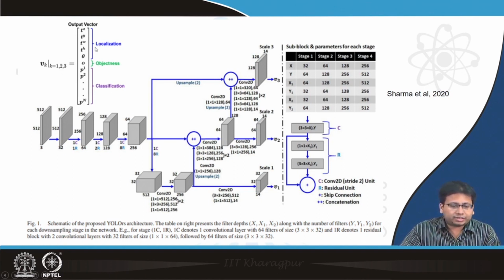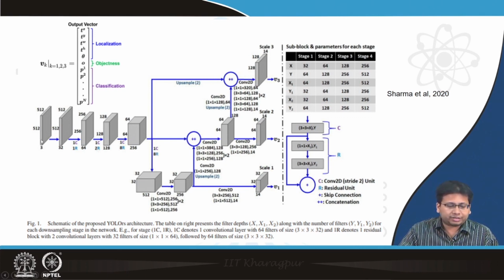Then there is localization, which suggests for every instance of the object class what its exact location is, that is the exact coordinates in the image. And then it also gives something called O, the objectness score. This is measured not at every pixel but at every region, and indicates whether that region corresponds to a particular object or not. This is the broad representation.